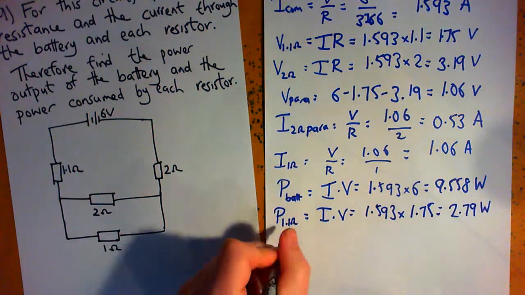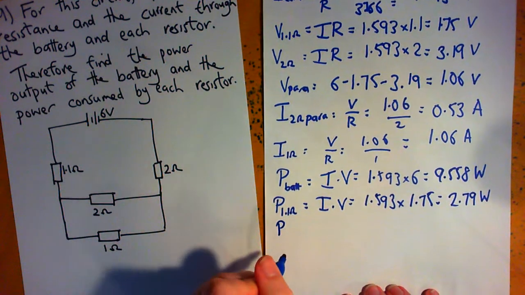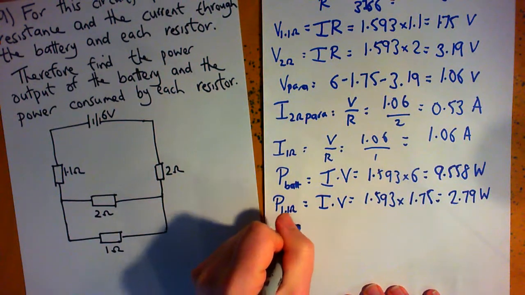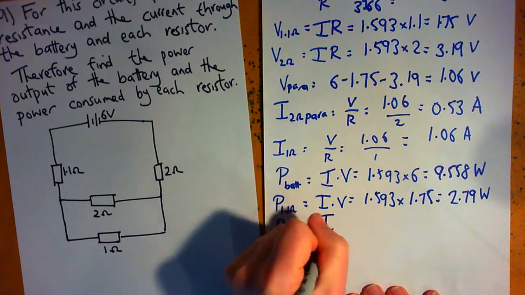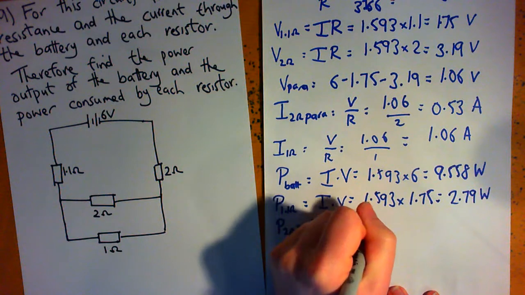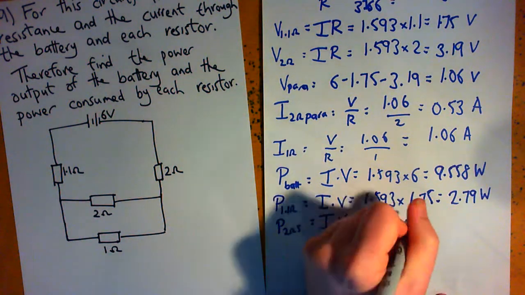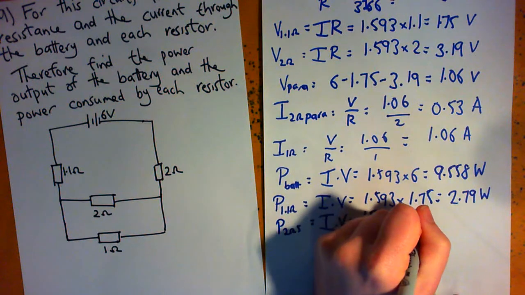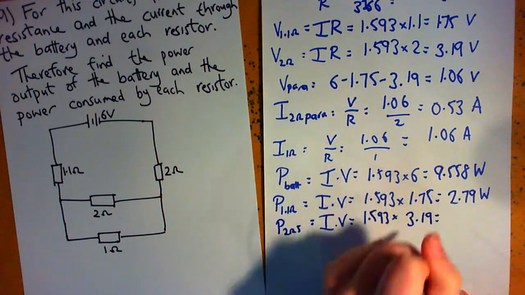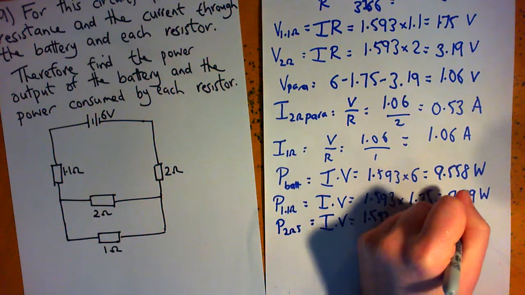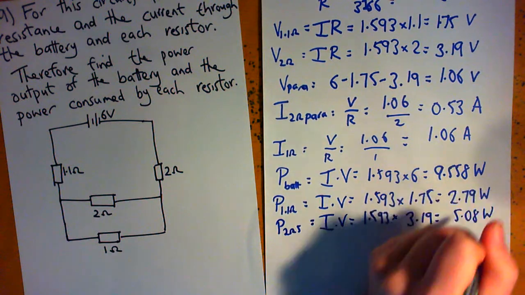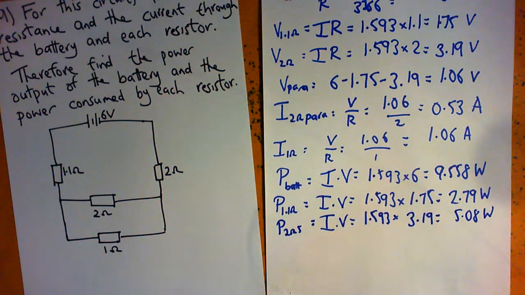Let's then work out the power of the 2 ohm series resistor, which is I times V. The current was 1.593, and we multiply it by that voltage, 3.19, and if we calculate that we get 5.08 watts. So that is the resistor that uses up most of the power.